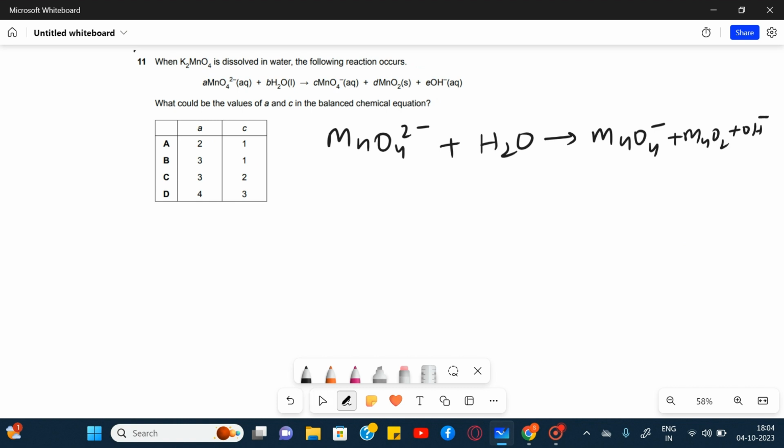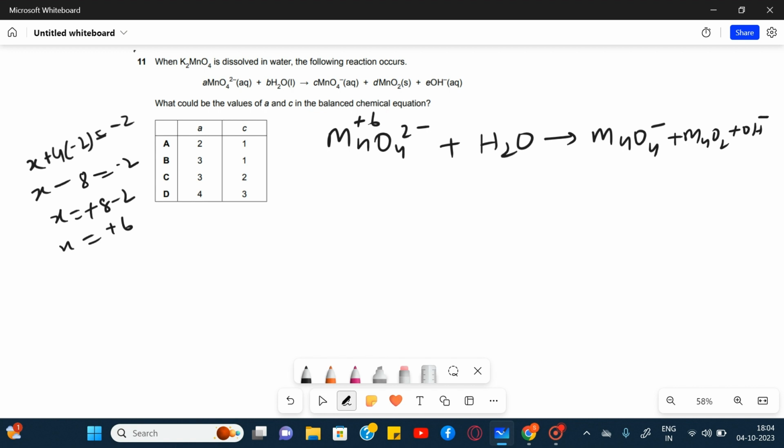I can see that the oxidation number of manganese here can be calculated by considering that Mn has an oxidation number of X and each oxygen atom has an oxidation number of -2, so X plus 4 times -2 is equal to the total charge, which is 2 minus. So X minus 8 is equal to -2, X is equal to plus 8 minus 2, X is equal to plus 6. The oxidation number of manganese here is plus 6.